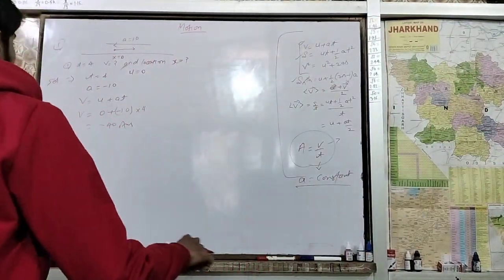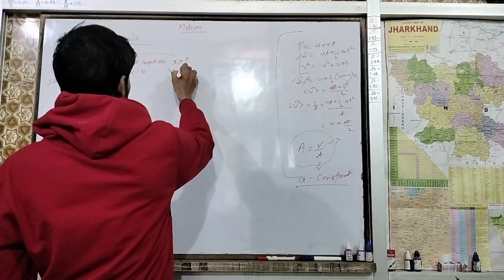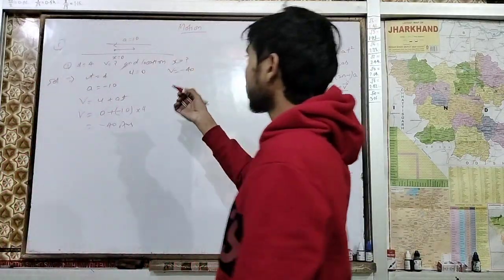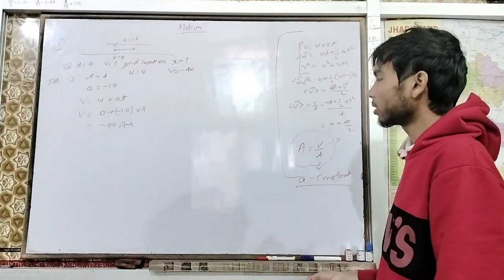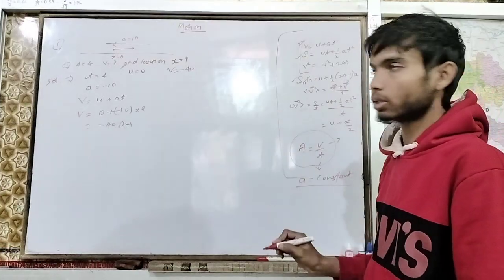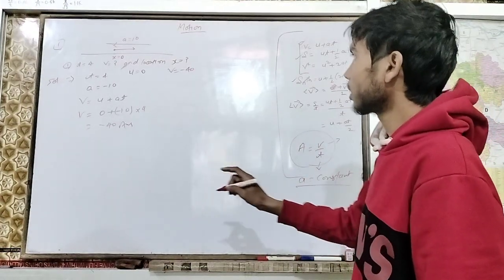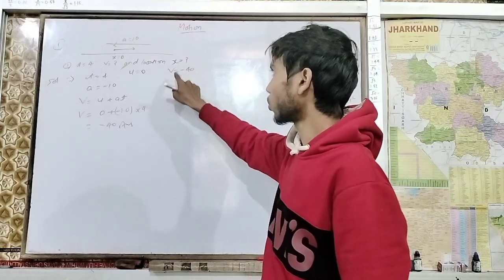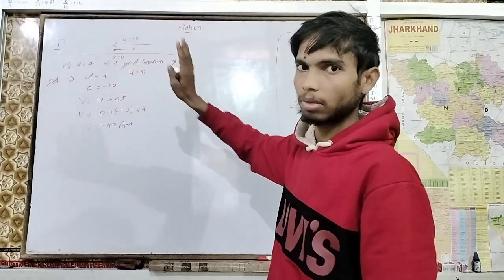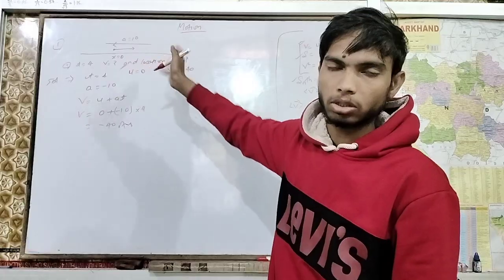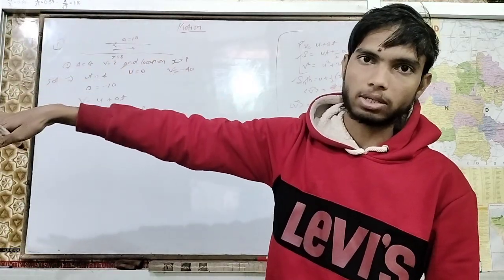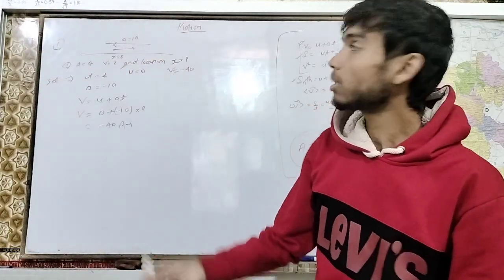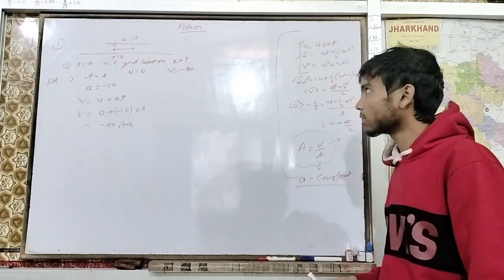So initial is 0 and final is minus 40. When the object went with acceleration in the negative direction, that object covered how much? Minus 40 meter. So minus 40 meter distance when acceleration was minus 10.